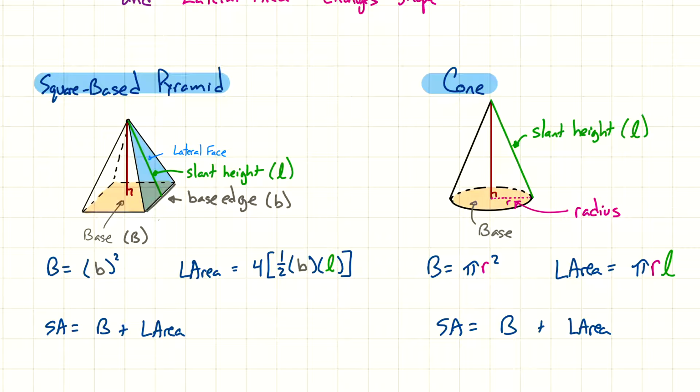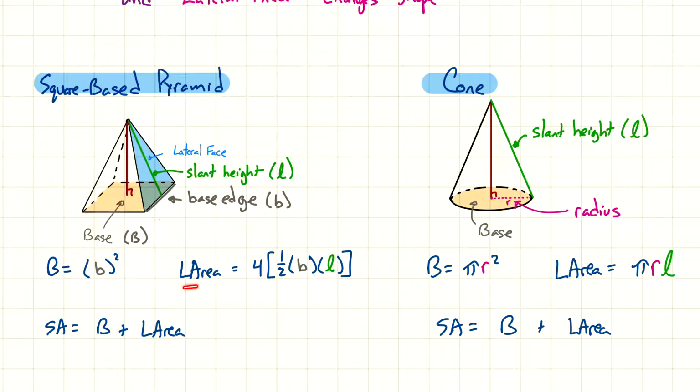So in this case, if I want to find the area of the base, well, we already said it's a square. So that means I'm going to take the base edge, which I said was a lowercase b, and I'm going to square it. So I'm just giving you the structure of how the work's going to look. There are no numbers here, so there's nothing really to calculate.